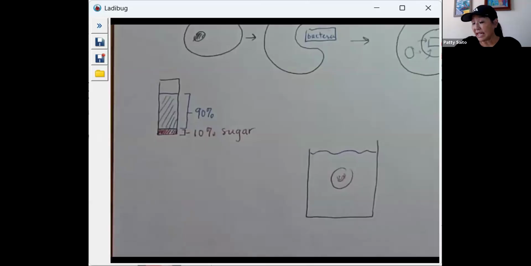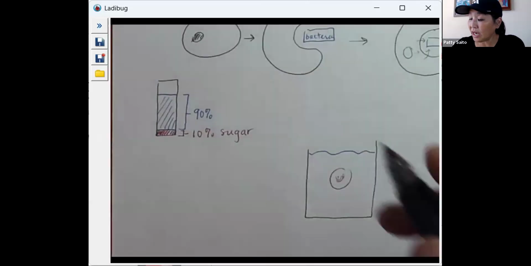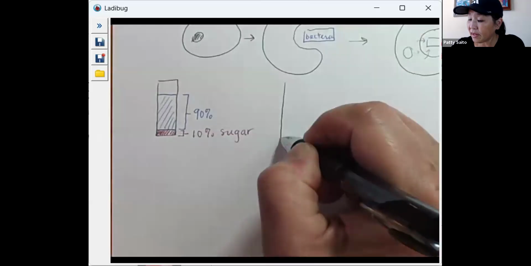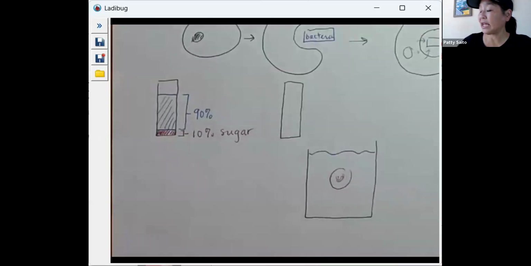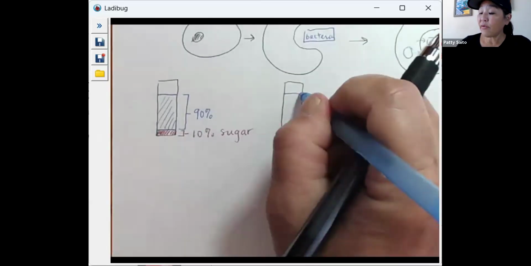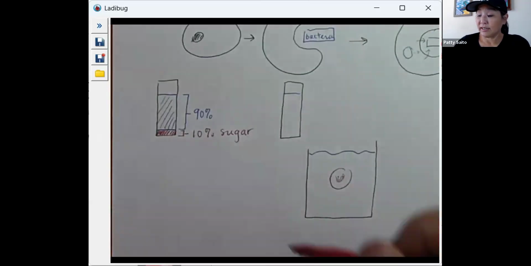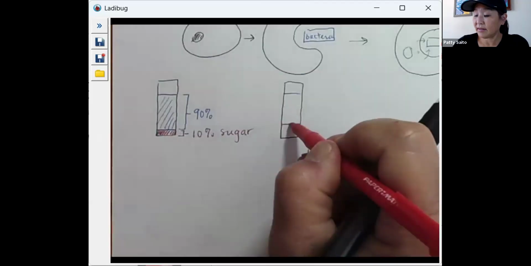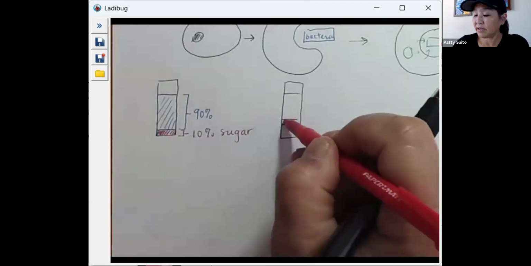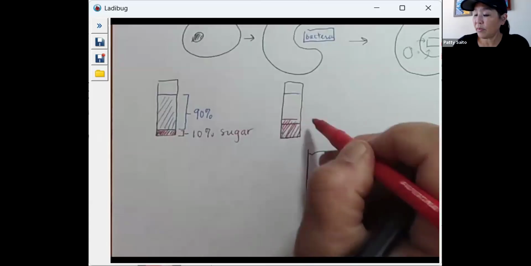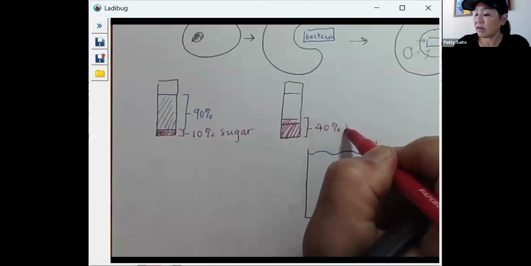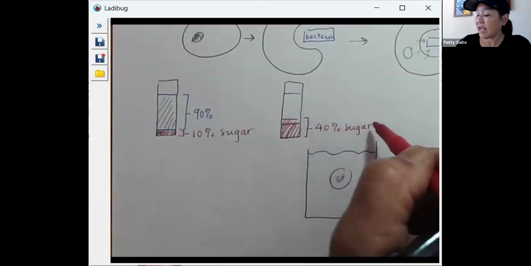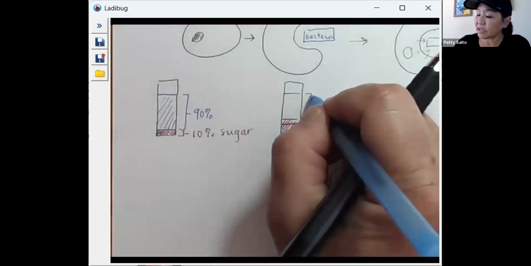Now let's compare that to a solution that is 40% sugar. I'm going to make this much bigger. 40% sugar, and that leaves only 60% water.